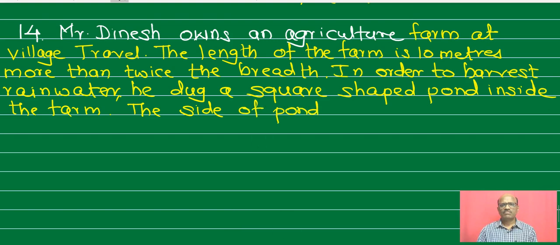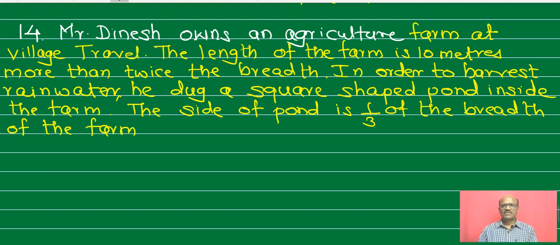The side of pond is 1/3 the breadth. Suppose that breadth is x and then length is x plus 10. Then the side of the pond is x upon 3 of the farm.